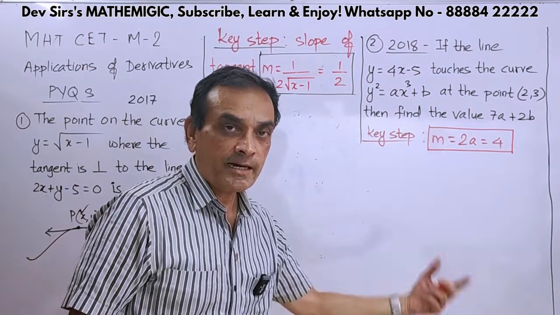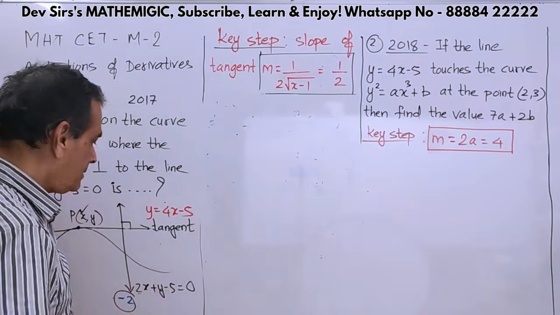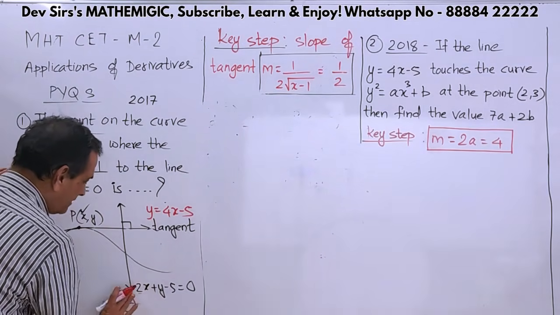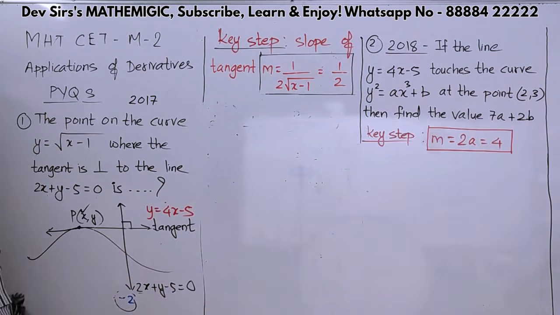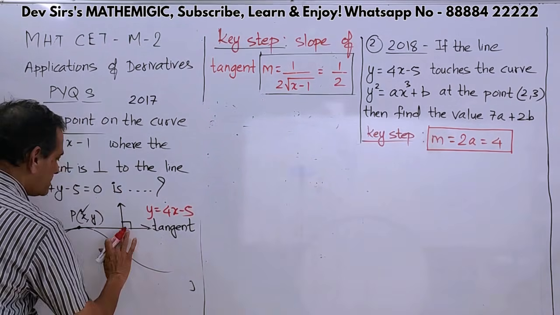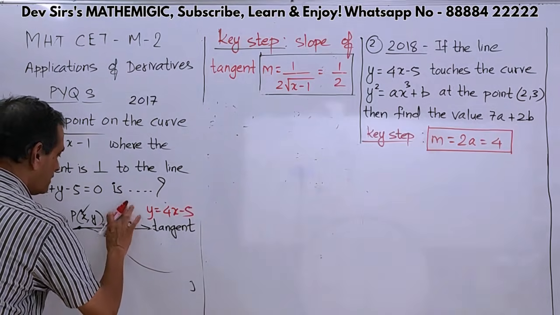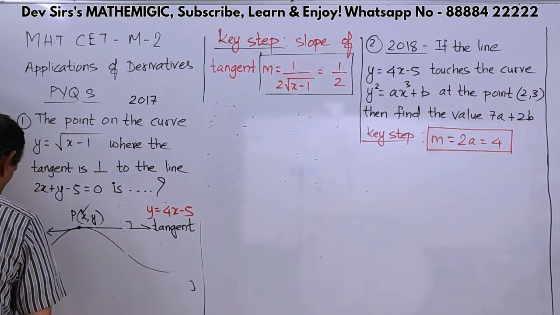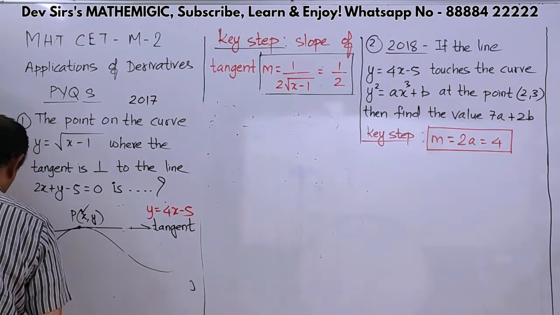Equation of curve, as I said, every curve has a formula. So equation of curve is given. This perpendicular line is not given. Forget about the perpendicular line.